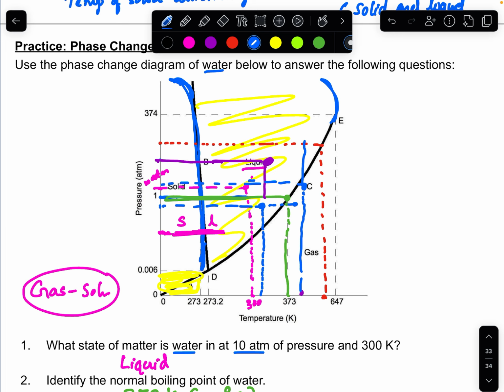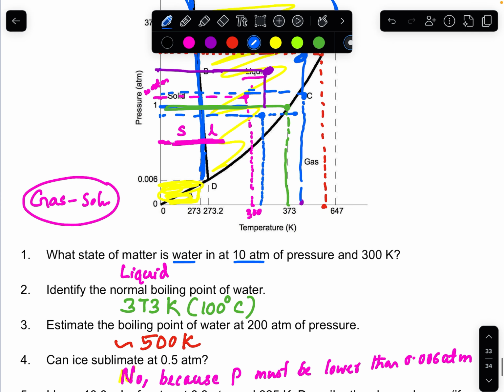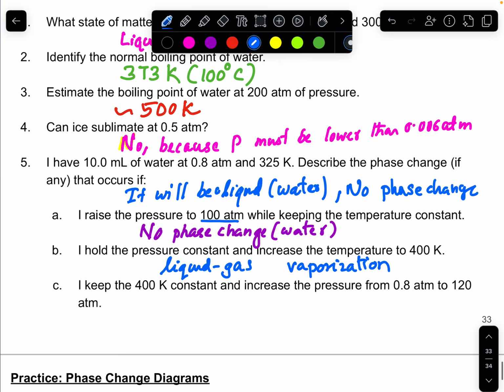So what will happen? We are condensing, right? It will go back from the gaseous state. Applying the pressure, gas molecules come closer, so the gas will convert into liquid, and that is called condensation.